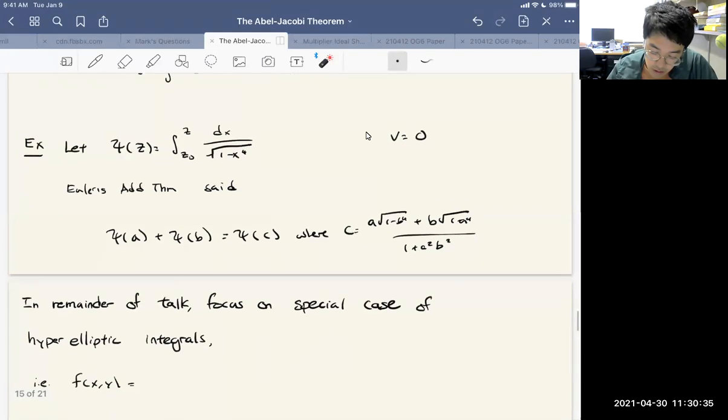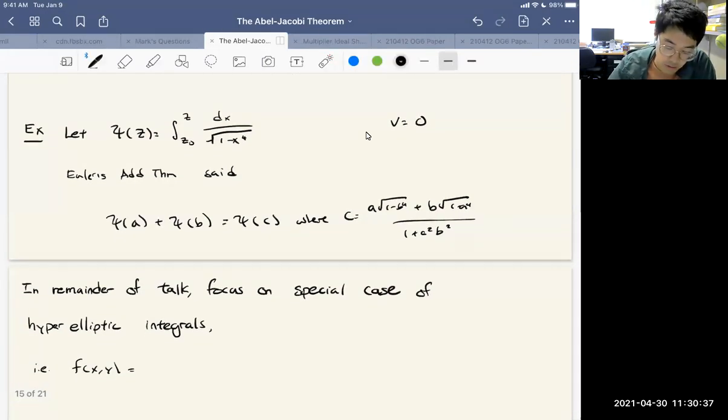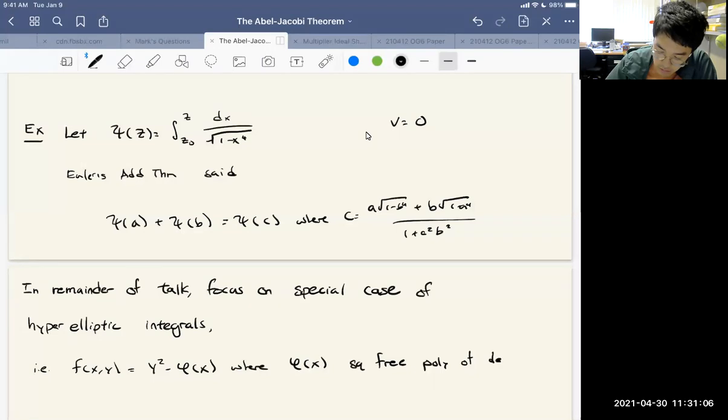Okay, so in the remainder of the talk, we're going to focus on the special case of hyperelliptic integrals. So here we're going to take the equation f of x, y to be y squared minus phi of x, where phi of x is a square-free polynomial of degree d.